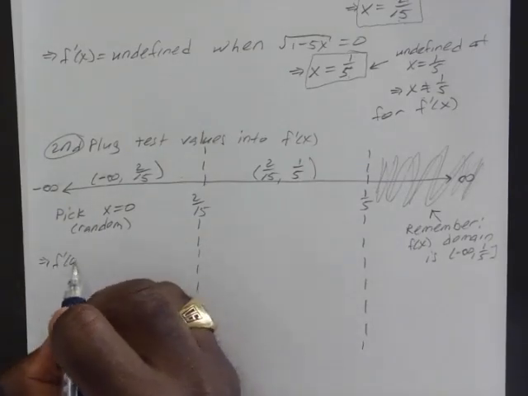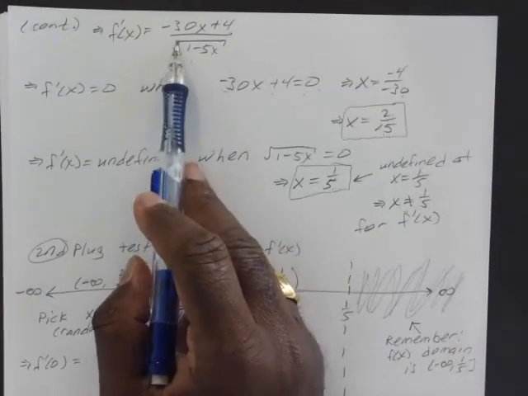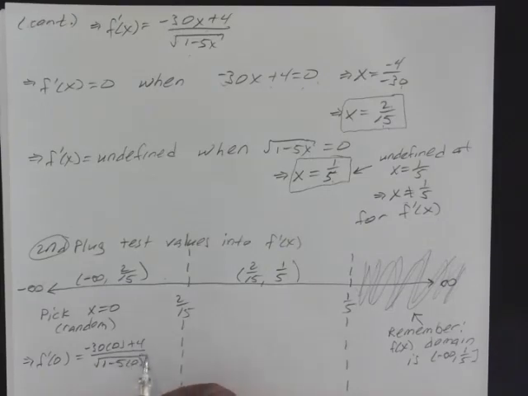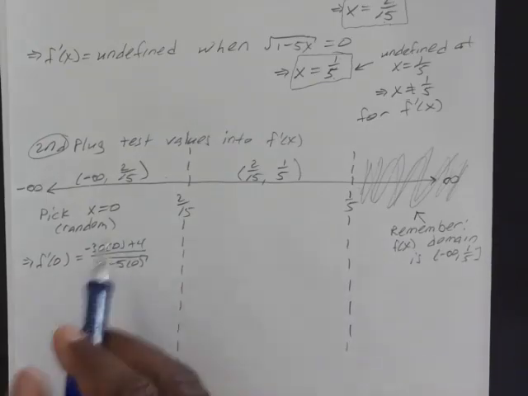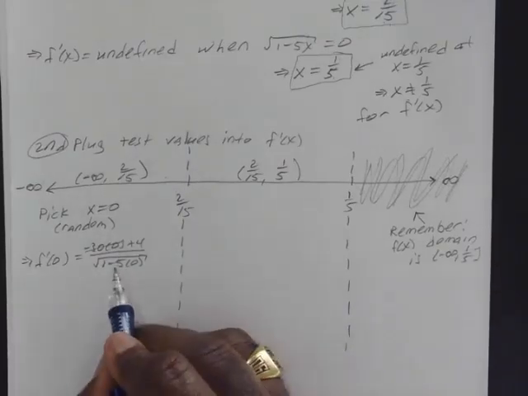So we know that f prime of 0 is equal to, bring that down, negative 30 times 0 plus 4 divided by the square root of 1 minus 5 times 0. Well, negative 30 times 0 is 0, so that disappears. 5 times 0 is 0, so that disappears.